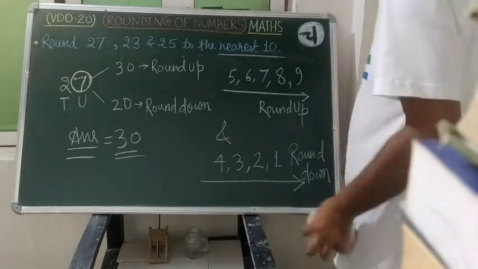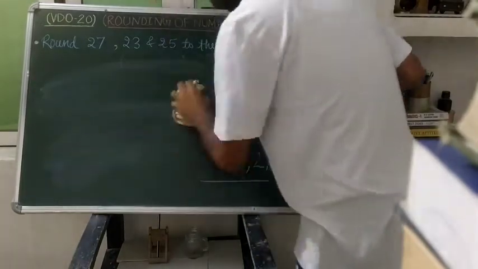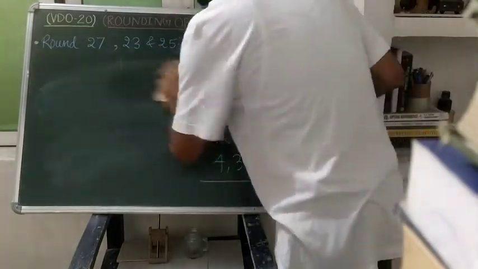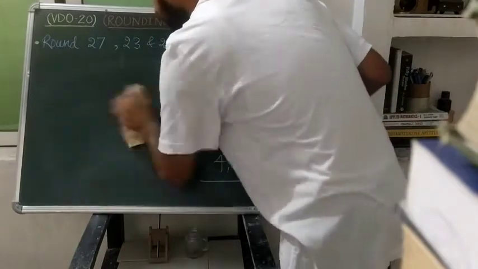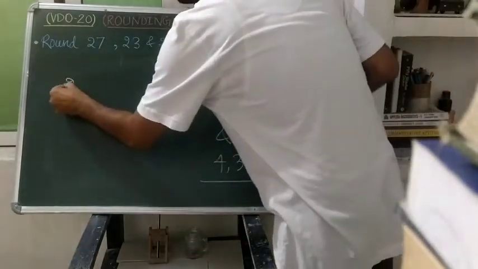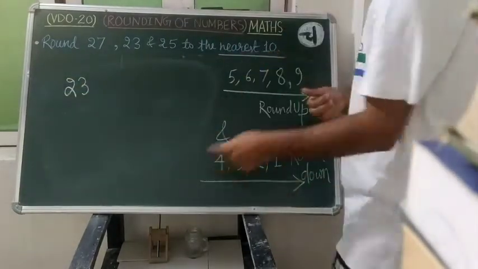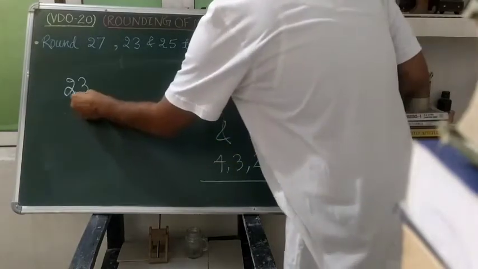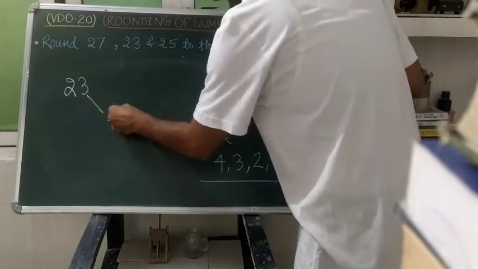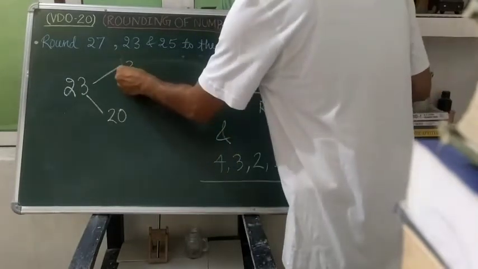Now we shall move to 23. We want to round to the nearest 10. Round down, the multiple of 10 will be 20. Round up, the multiple will be 30.